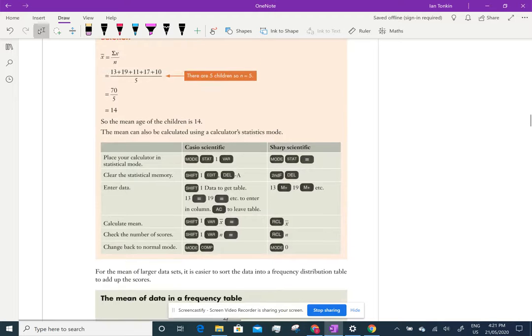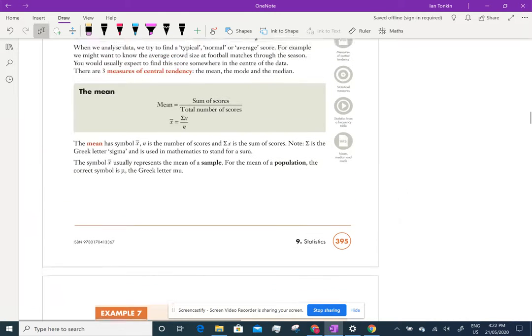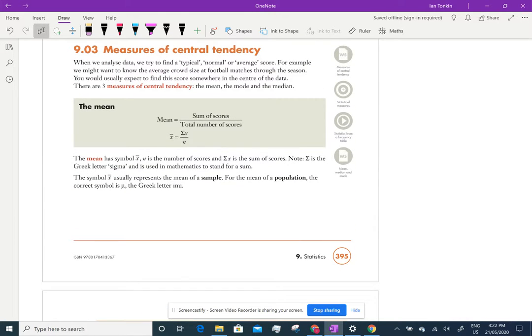Now, when we calculate the mean, and this regards the standard deviation as well, we can get the sample mean or we can get the population mean.